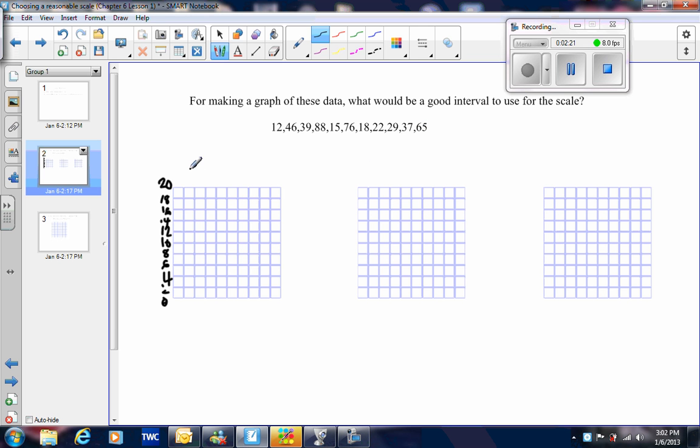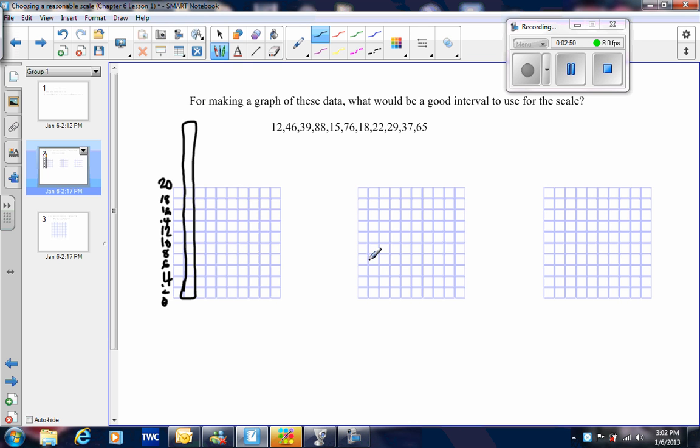If we were making a bar graph, our bar graph would go way up off of the graph paper, because we would have to go all the way up into the 80s, the 70s, the 60s. And our graph paper, with the interval that we chose, only goes up to 20, and I have way more data than I need to graph.